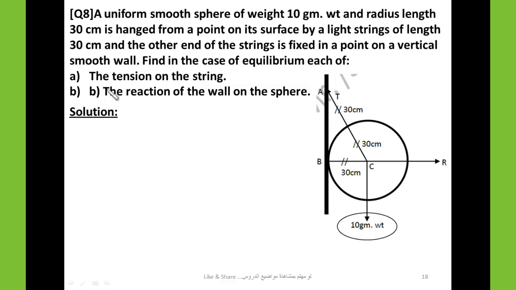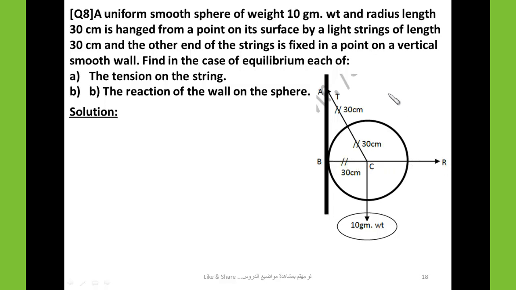each of the tension in the string. Here is the string and here is the tension T in this direction, and the reaction of the wall. The wall is smooth, so the reaction of the wall will be perpendicular to it.